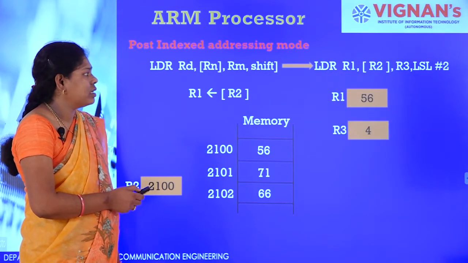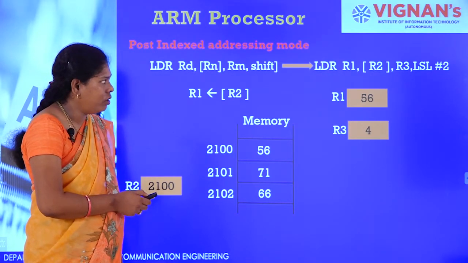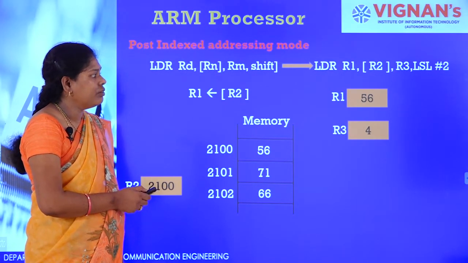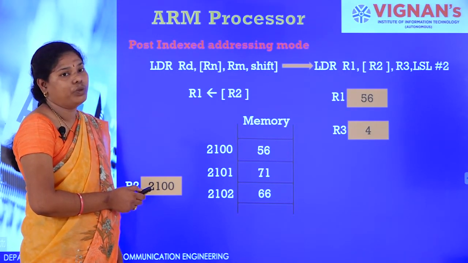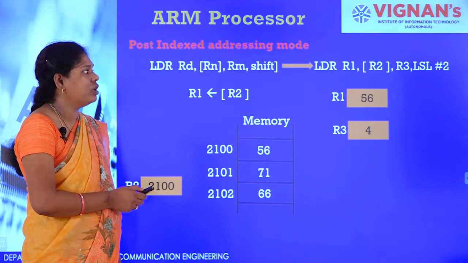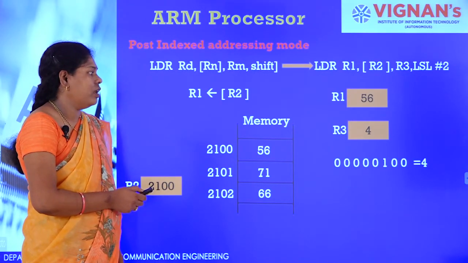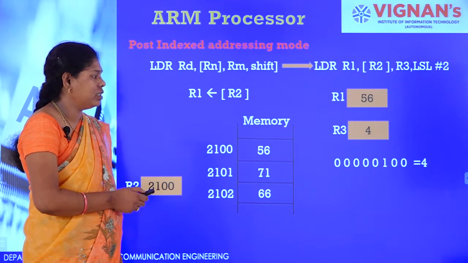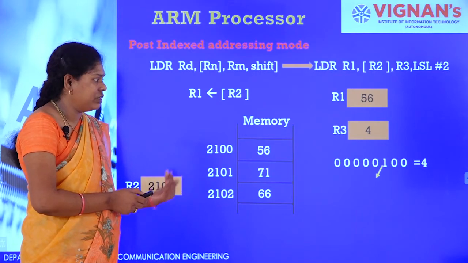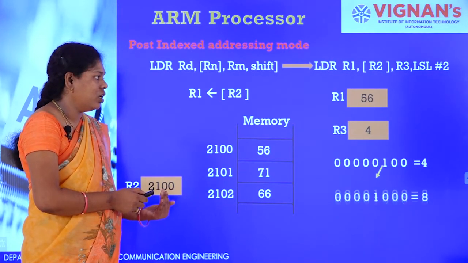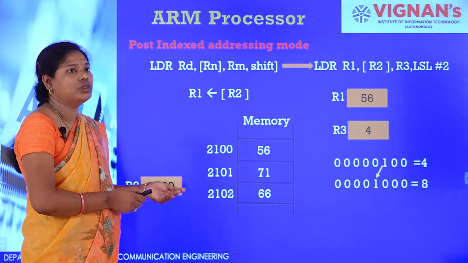Next we see R3. R3 is 4. Here it will be logically shifted by 2 bit positions, as given by #2. Let us take R3, the equivalent of binary 4. It will be left shifted by 1 position, so it will become 8, that is 4 into 2.